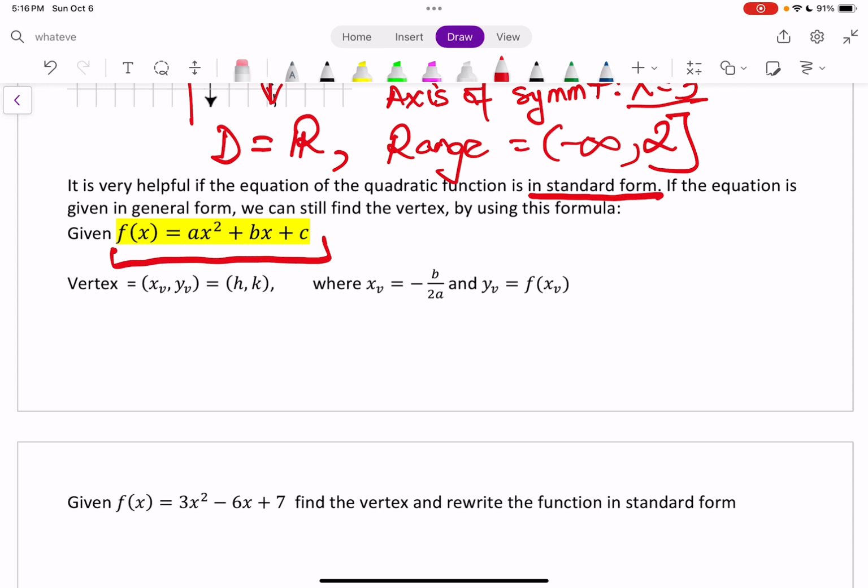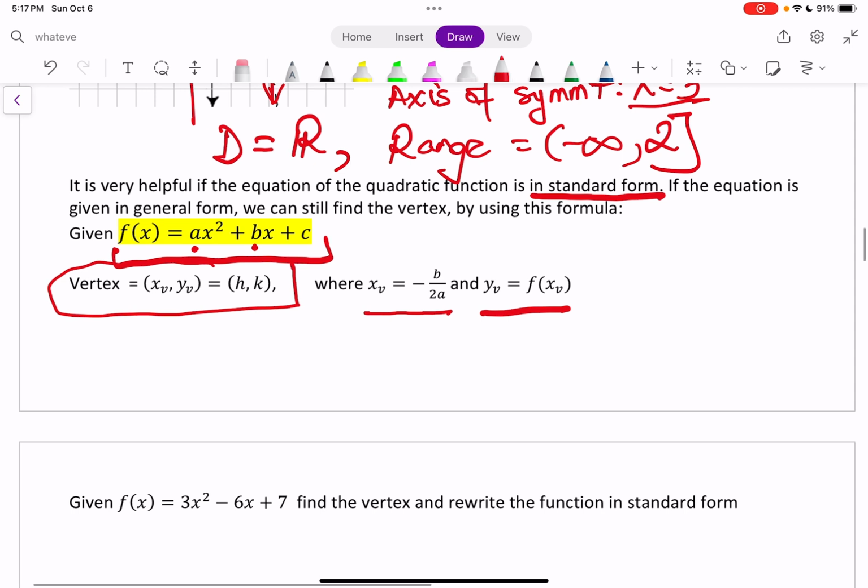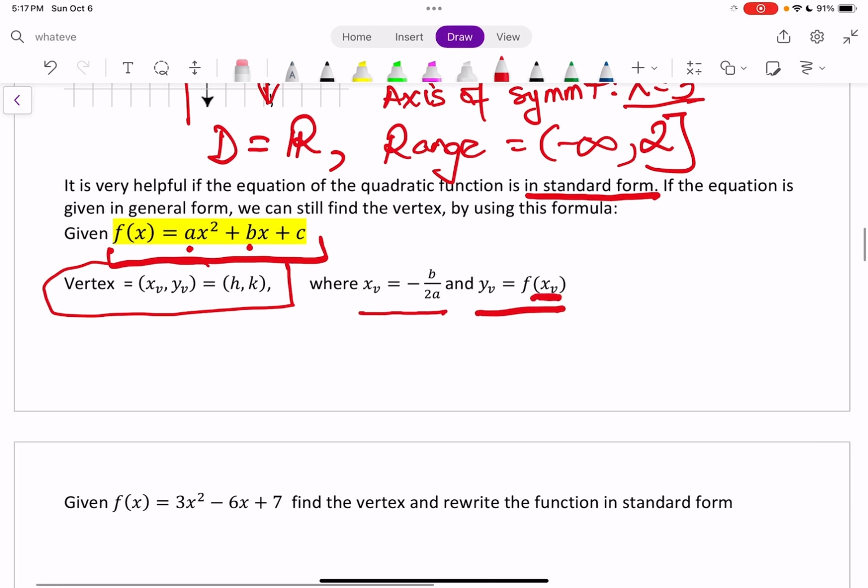So if an equation is in general form, then here is how we can find the vertex. The x-coordinate of the vertex is negative b over 2a. And the y-coordinate of the vertex is found the way you find the y to any point: you plug the x value into the function, and you're going to get the y value.